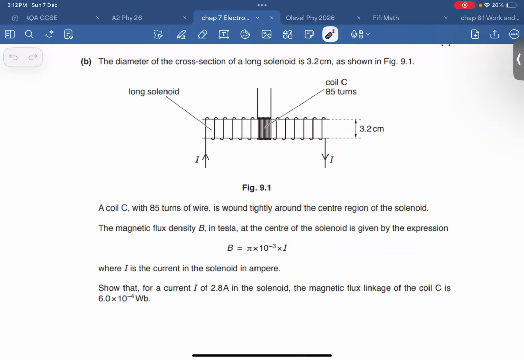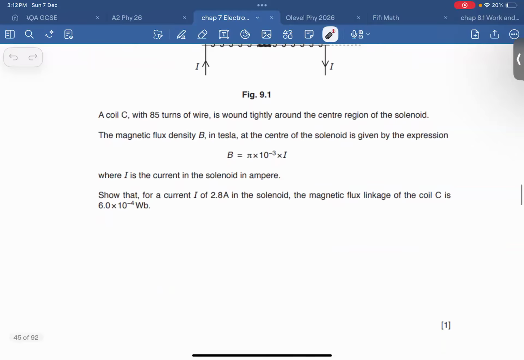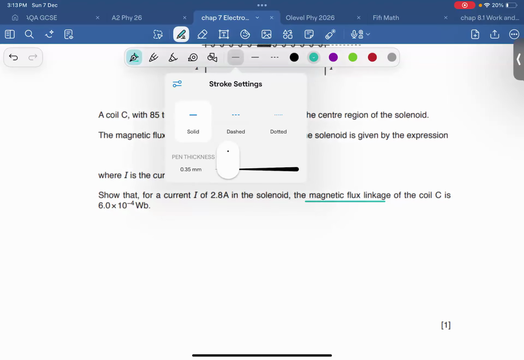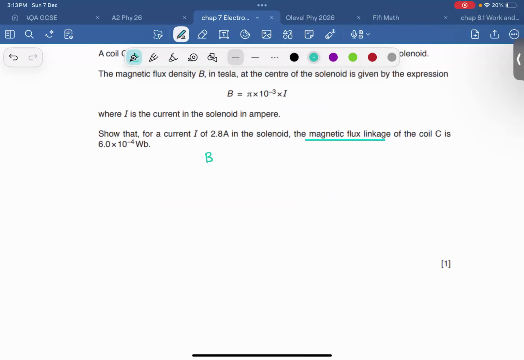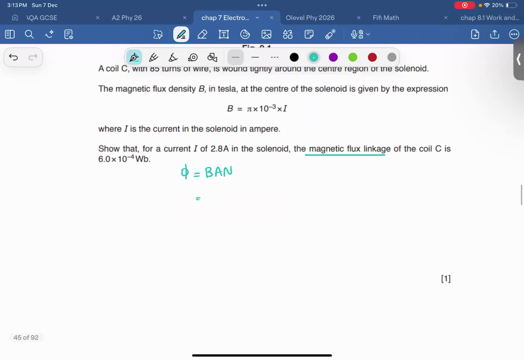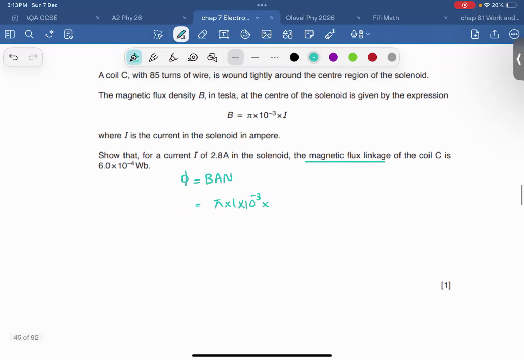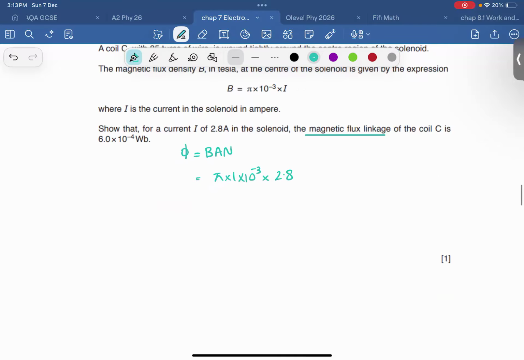Okay, so basically, for the magnetic flux linkage, you do BAN, because BA is just the magnetic flux, and multiplying with N gives you the magnetic flux linkage. So B can be found using this formula, which is pi into 10 to the power negative 3, into I, which is given as 2.8.